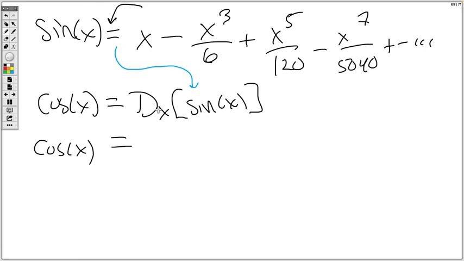What's the derivative of x? 1. What's the derivative of x cubed over 6? That'd be 3x squared over 6, which is x squared over what? 2. What's the derivative of x to the 5th over 120?